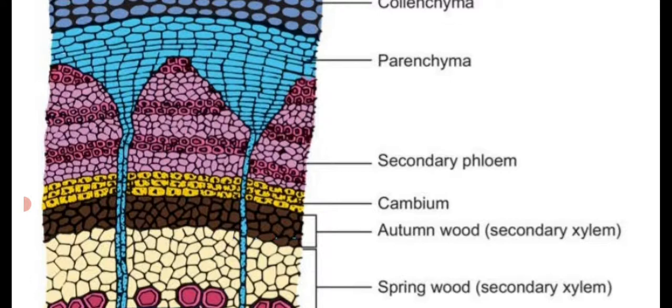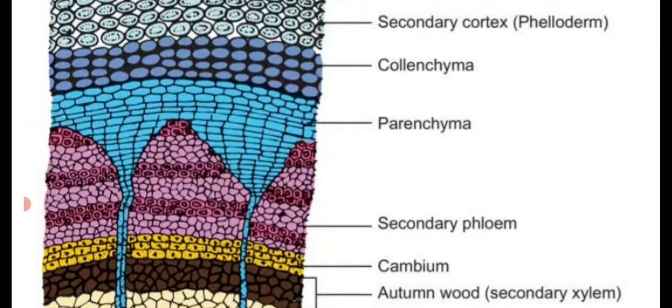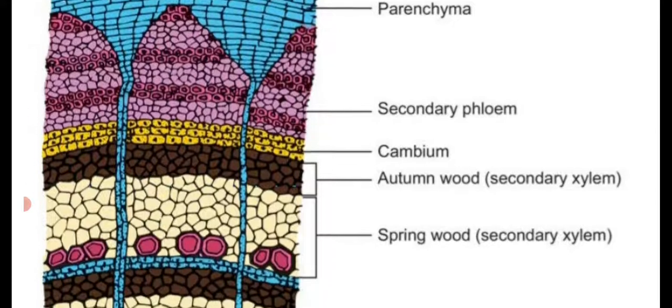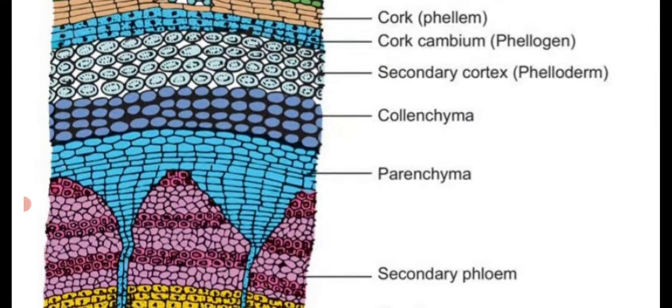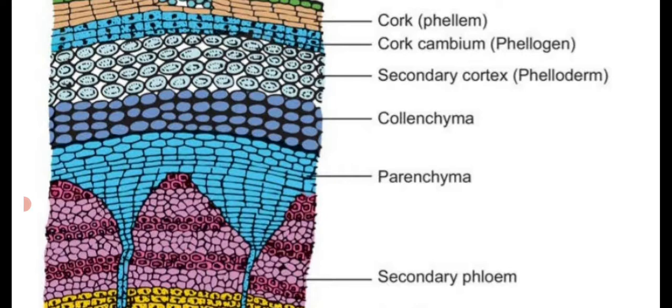Then outer to the secondary phloem, 4 to 5 layers of parenchyma cells, which are modified into medullary rays, run between the vascular bundles. Then above the parenchyma cells, they are having 3 to 4 layers made up of collenchyma. Then outer to the collenchyma, they are having the secondary cortex or phelloderm.